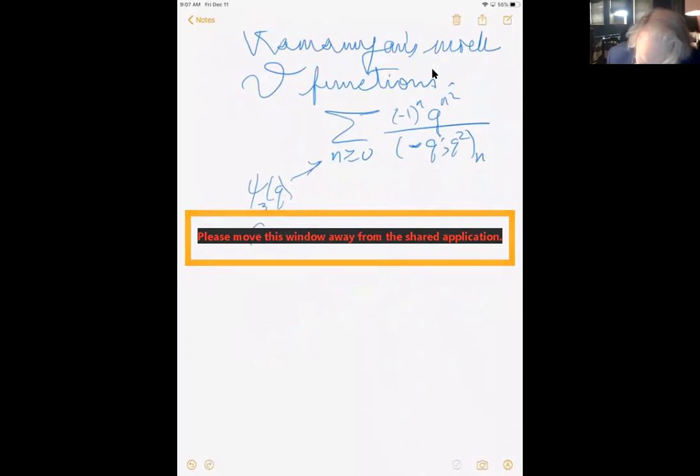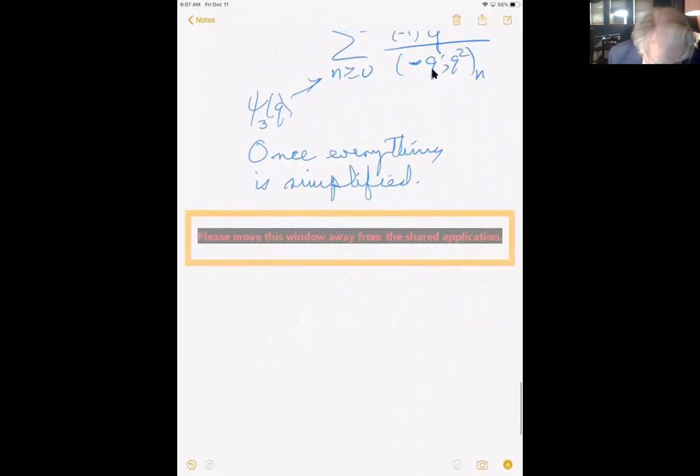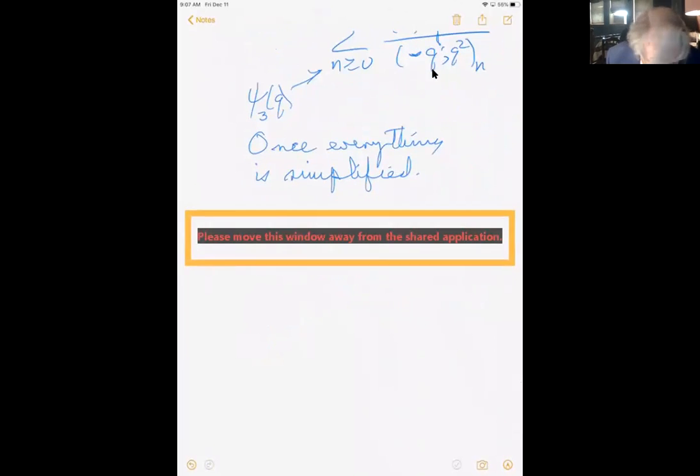And once everything is simplified, the above effort yields the following formula, namely q infinity divided by minus q squared infinity equals phi 3 of minus q plus twice psi 3 of minus q.